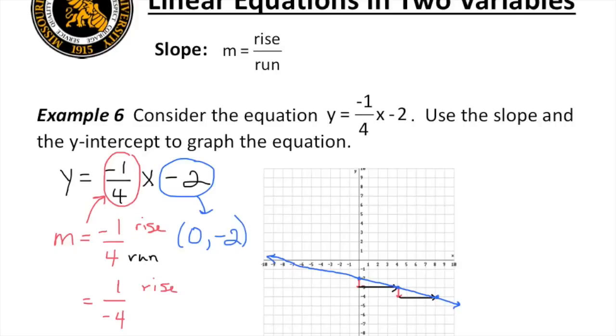So we will be moving up. So starting at our y-intercept and moving up 1, our run is now the negative value. So instead of running to the right, like we did before, we're going to run to the left 4. And in doing that, we find another point on our line.